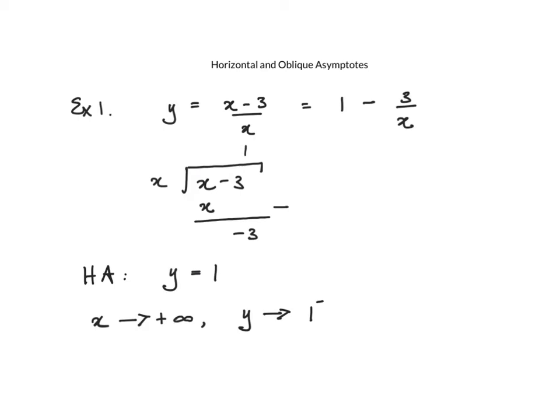So let's do that again. This whole term here is negative because of the negative. So if I put a large positive value here, we get a small negative number. So it's 1 take away a little bit, which is to say something just less than 1. So if I was to just, as we did yesterday, here is our horizontal asymptote at y equals 1.